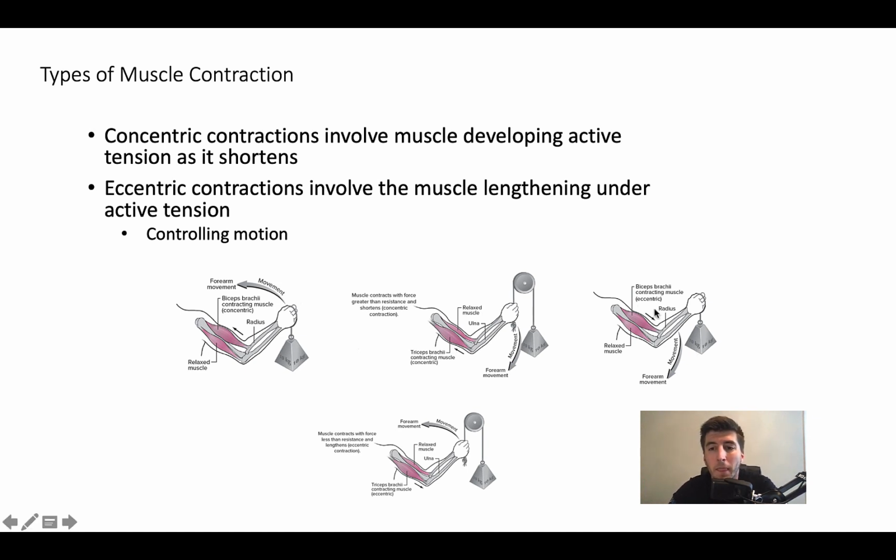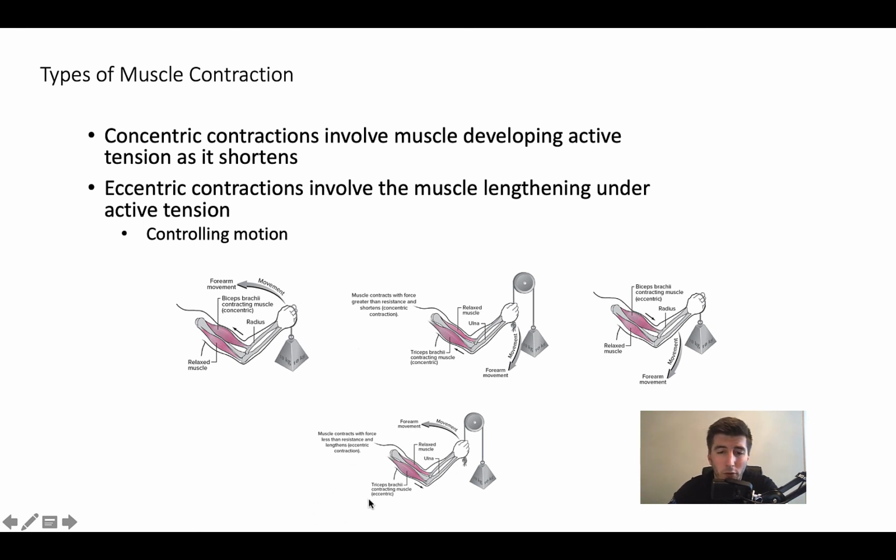If you look over here, how are these things going to be changing? You have an external load applied and you're resisting the movement down because there's an external load. That means that you have an eccentric contraction, or a lengthening contraction, a controlling descent contraction of the biceps brachii.